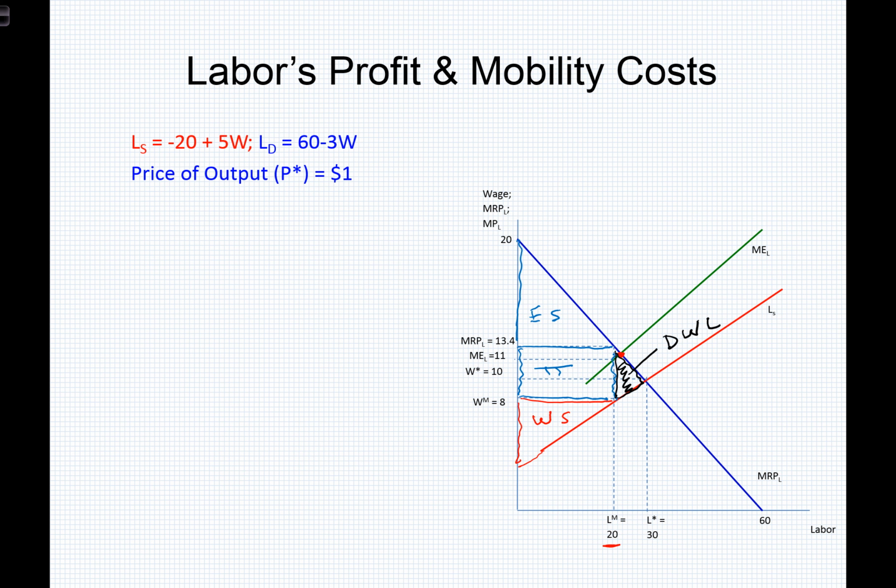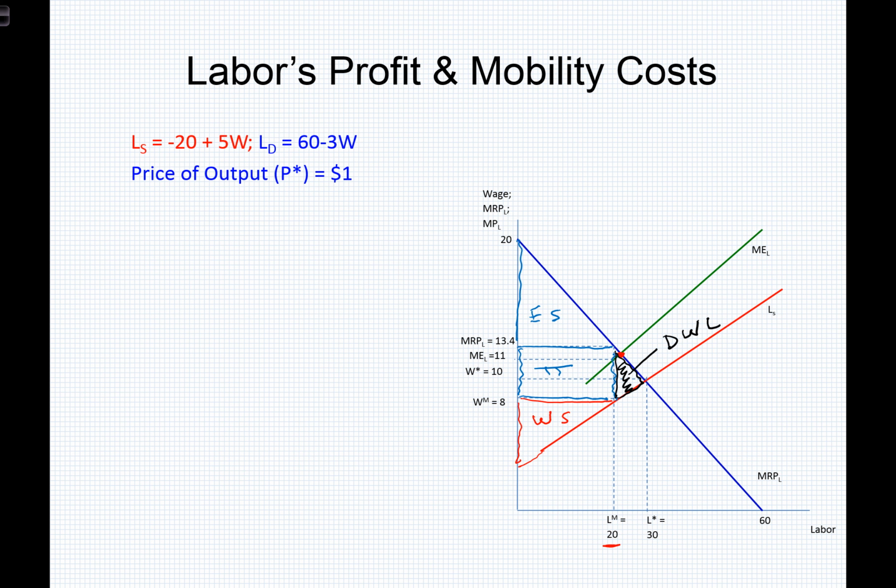A worker in a monopsony situation could very easily pull and go to a new market where there are numerous buyers of their type of labor and remove themselves from this monopsony environment. If there was perfect mobility, we would see that firms would move into that market, perhaps, and create competition for those types of workers. So when we don't have perfect mobility, where we have costly mobility, we often see a monopsony structure begin to emerge.